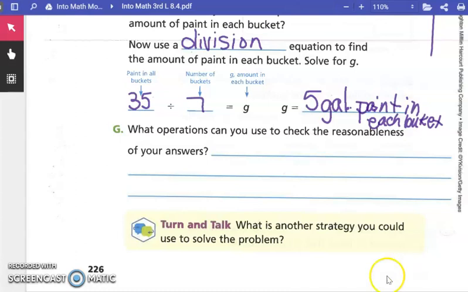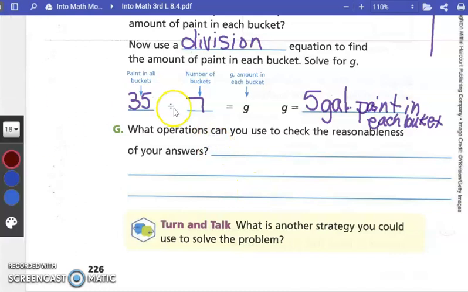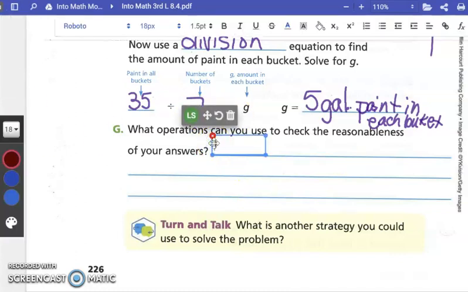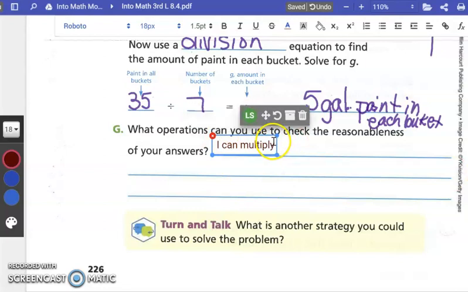What numbers am I going to multiply? 7 and 5. What am I going to do after I multiply to find the total amount of paint, right?